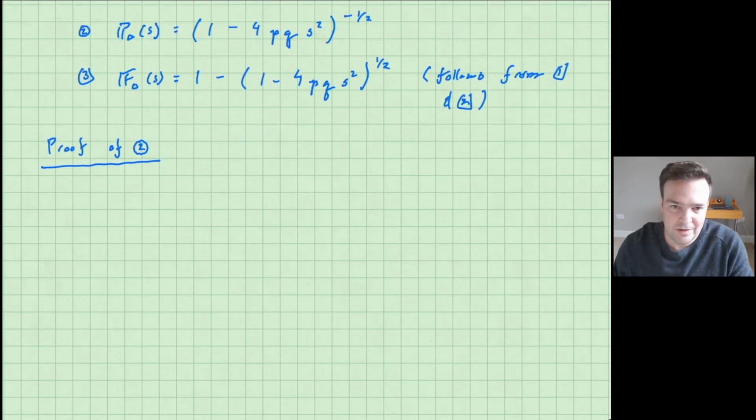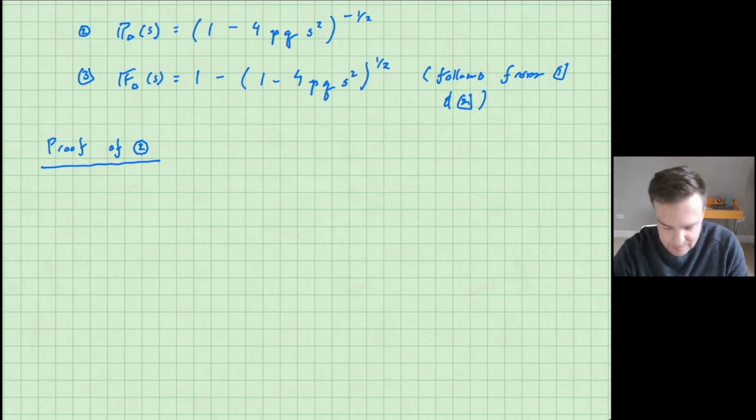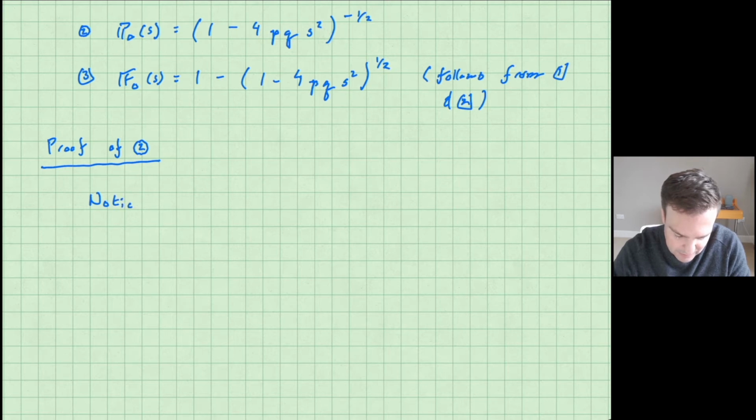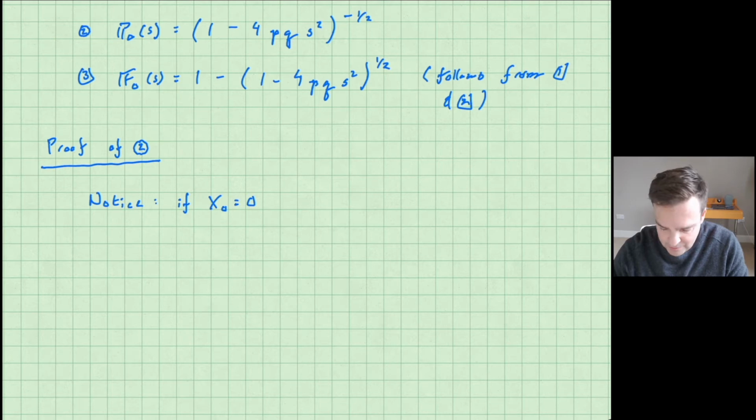So this proof is kind of fun. It works like this. The first thing we're going to do is notice the following interesting fact. If x0 is 0, which is true for us, that's part of our model, then it must be the case that x with an odd time index, 2m plus 1, where m is an integer, can never be 0, right?